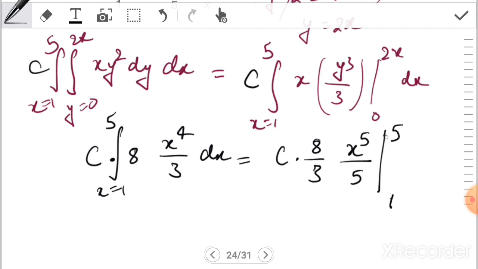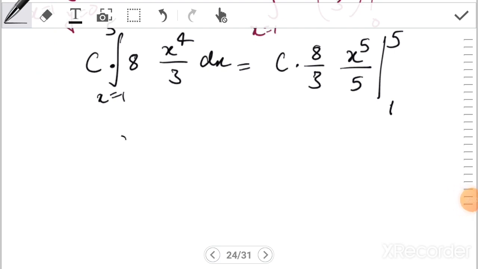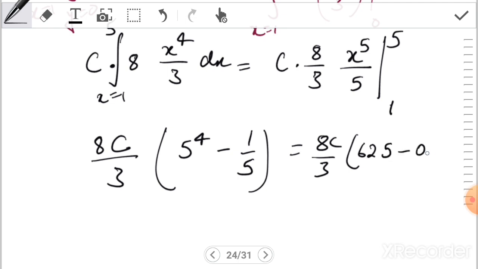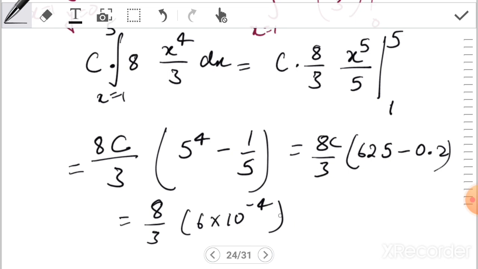Okay, 1 to 5. So 8c by 3 times (5 raised to the power 5 divided by 5, which is 5 raised to the power 4, minus 1 by 5), which is equal to 8c by 3 times (625 minus 0.2). Let us put the value of c, which is 6 into 10 raised to the power minus 4, into 625 minus 0.2.